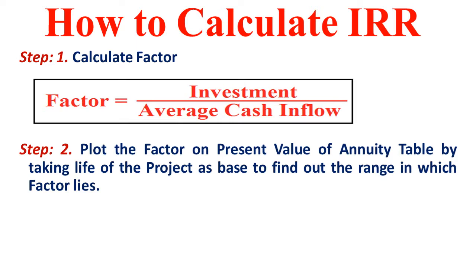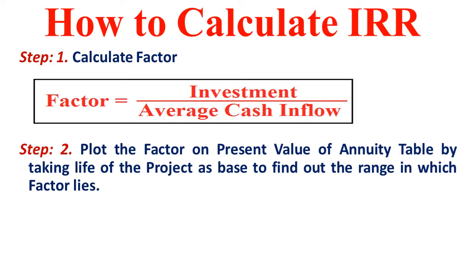Once you locate that certain range of percentage, we can call it a vague range in between which our IRR may lie. It may be possible, may not be possible. IRR may be something else also. That's the reason why we are calling it a vague range. So we will get a range at which the IRR can be located.